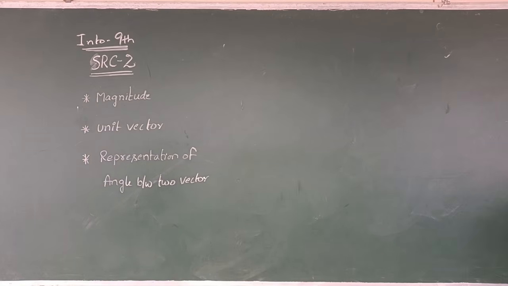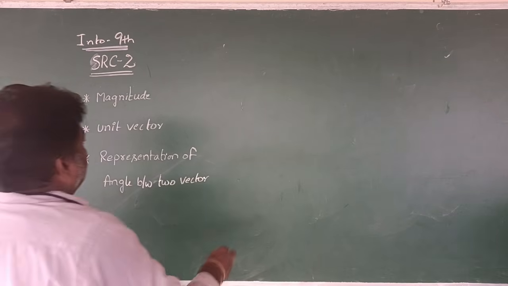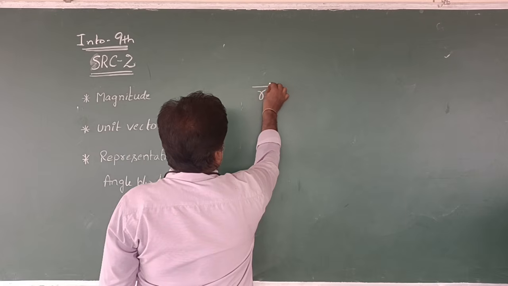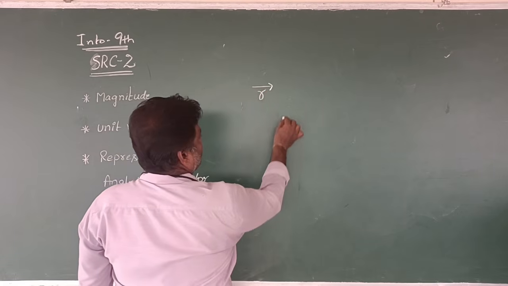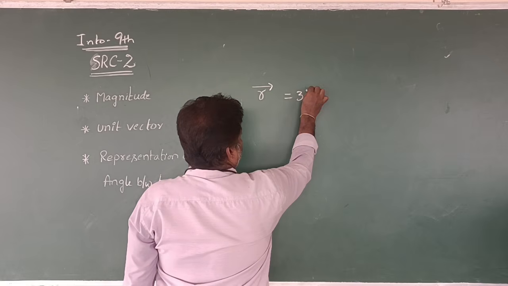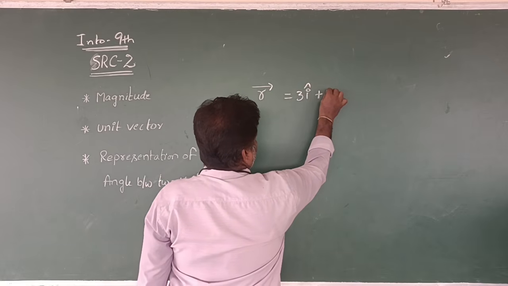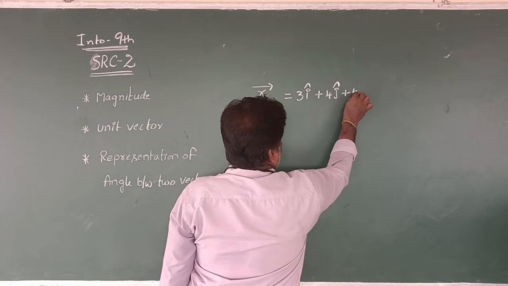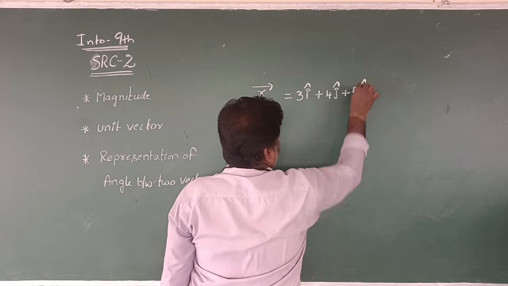We all know that a vector is a location of a point in three dimensions. As an example, I will write R bar equals 3 i cap plus 4 j cap plus 5 k cap.